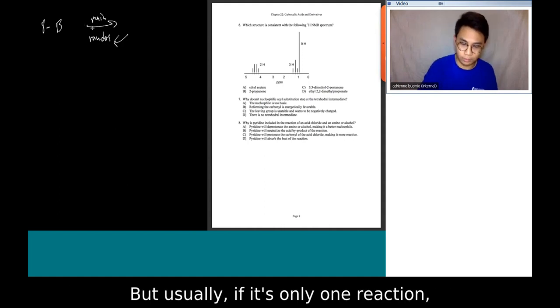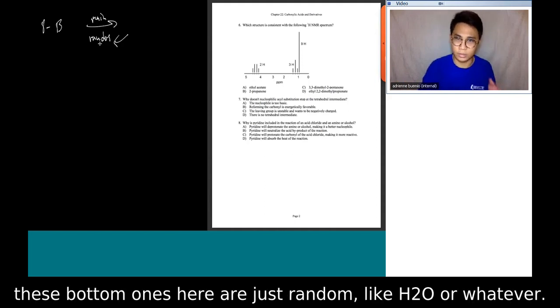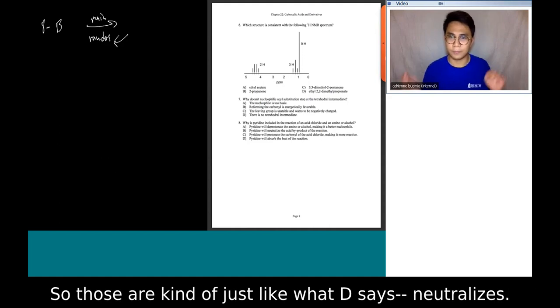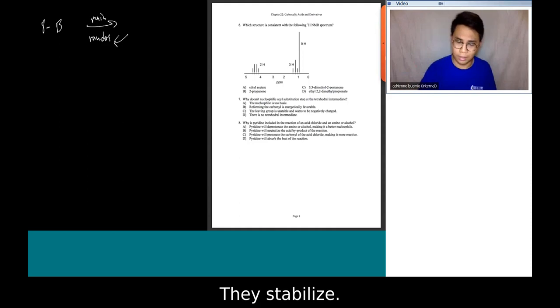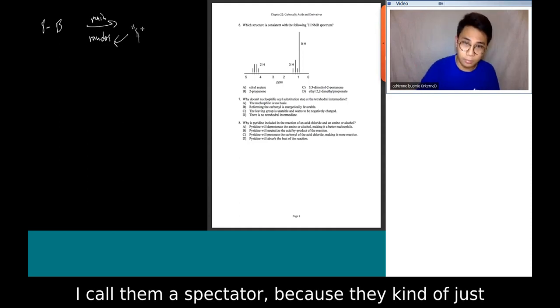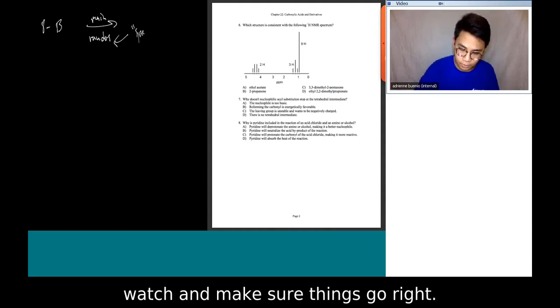But usually, if it's only one reaction, these bottom ones are just random, like H2O or whatever. Those are just like what D says, they neutralize, they stabilize. I call them a spectator because they just watch and make sure things go right.